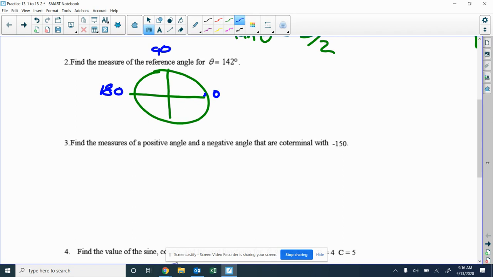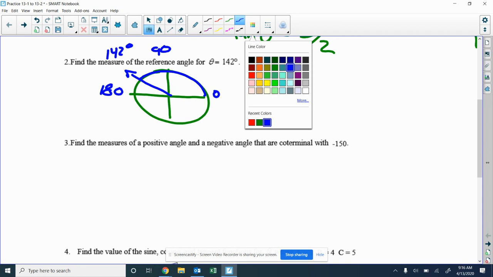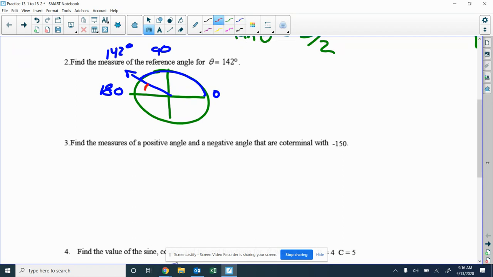So that reference angle is going to come over. It's going to stop right around here. This is 142 degrees. So we're looking at the quickest way back to the x-axis right here. So what is the difference between 142 and 180? And the reference angle here is 38 degrees, which would be this angle, 38 degrees.